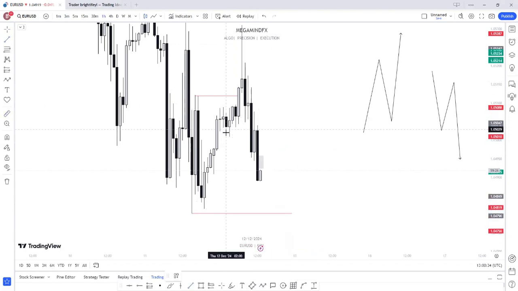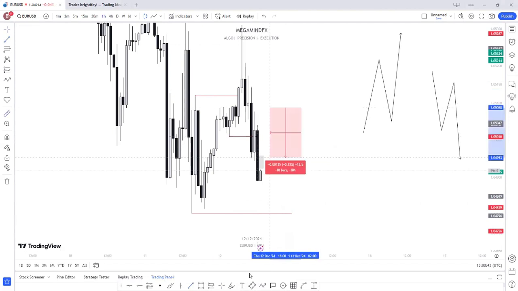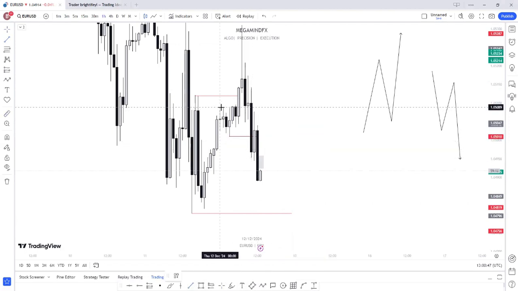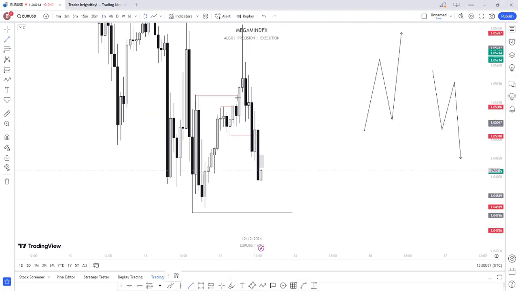I mark out this sell to buy here. Then I also mark this high, then this sell to buy, and I mark out the high.